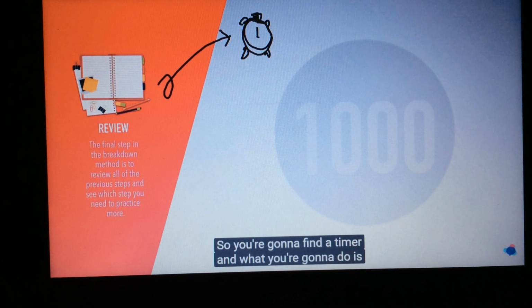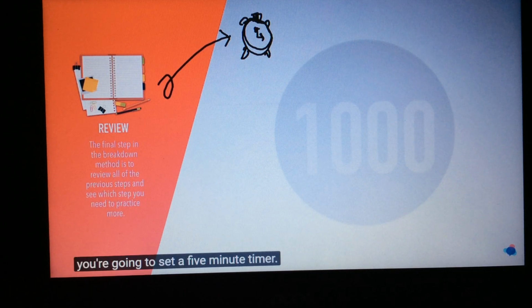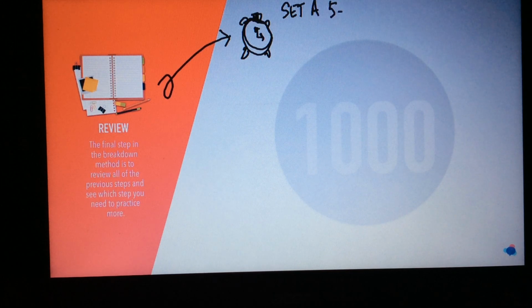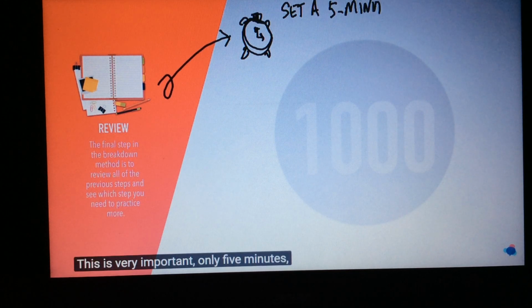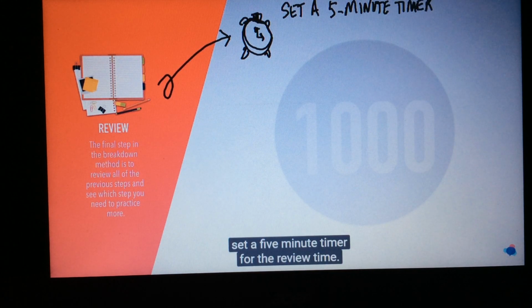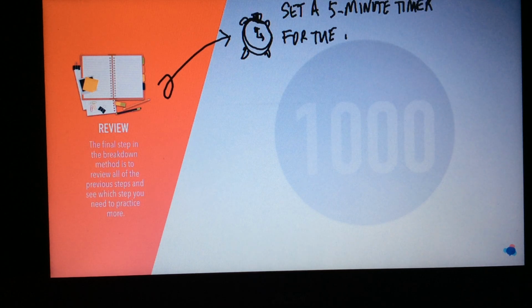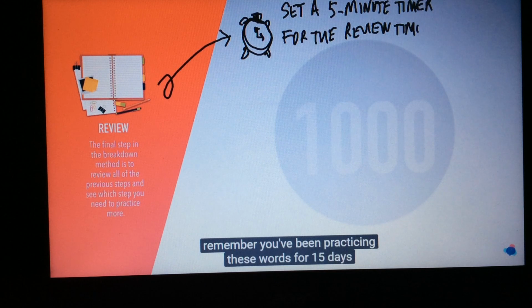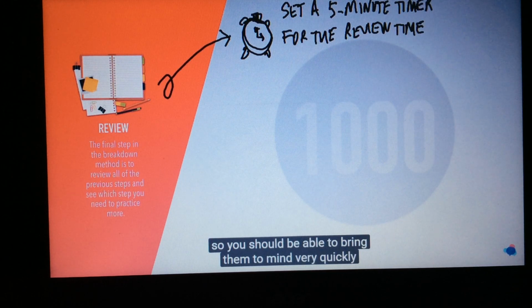So you're going to find a timer, and you're going to set a 5-minute timer. This is very important. Only 5 minutes. Set a 5-minute timer for the review time. Remember, you've been practicing these words for 15 days, so you should be able to bring them to mind very quickly.